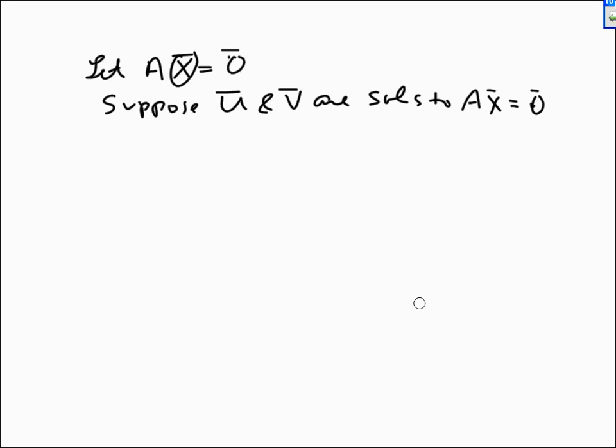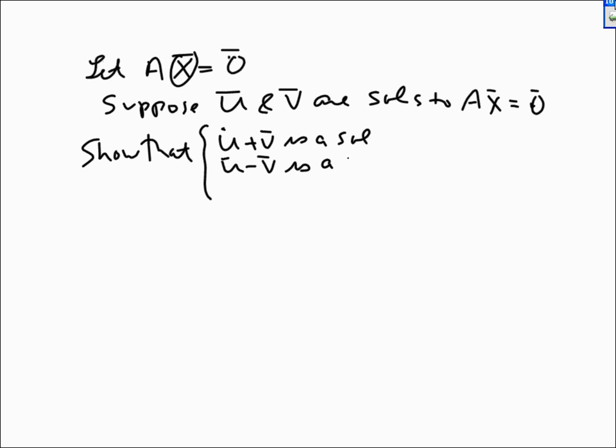So we want to show that, given that u and v are solutions, u plus v is a solution, u minus v is a solution, and we're building up.